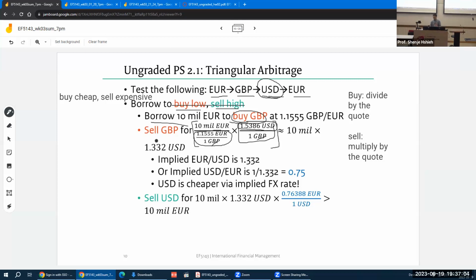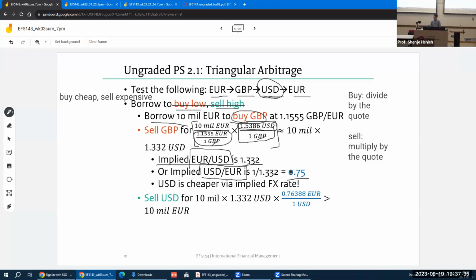So the pounds units go away. So we have essentially constructed an implied dollars per euro exchange rate of 1.332. Agree? All right. If we take the inverse, 1 over 1.332, we get an implied euros per dollar exchange rate of 0.75. Agree?